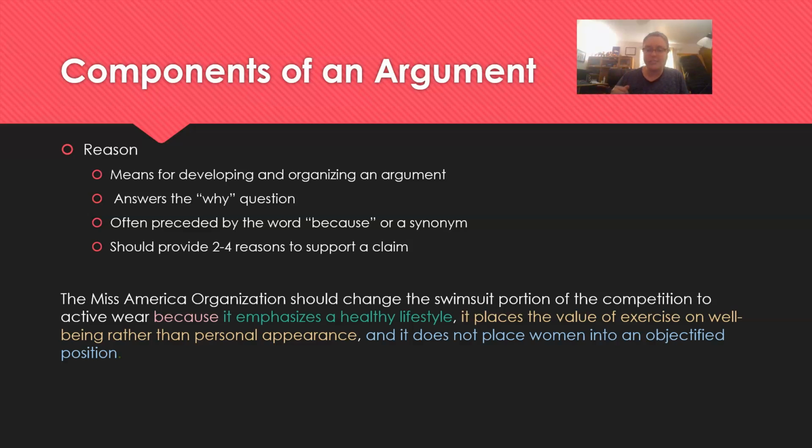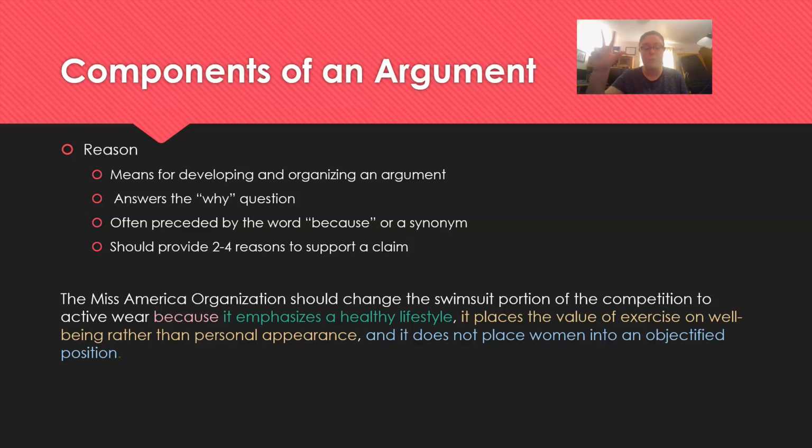So let's look at this example. The Miss America organization should change the swimsuit portion of the competition to activewear because, we're imagining again that the reader has asked us why, it emphasizes a healthy lifestyle. It places the value of exercise on well-being rather than personal appearance, and it does not place women into an objectified position.